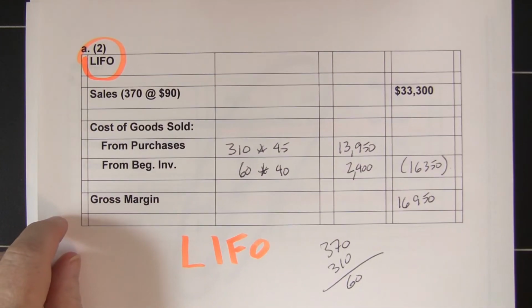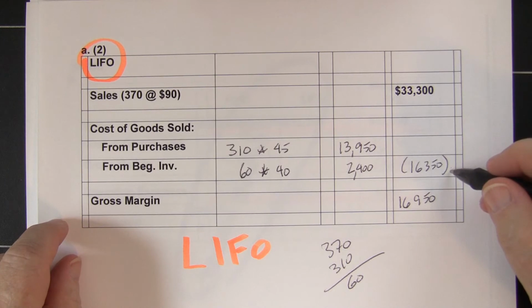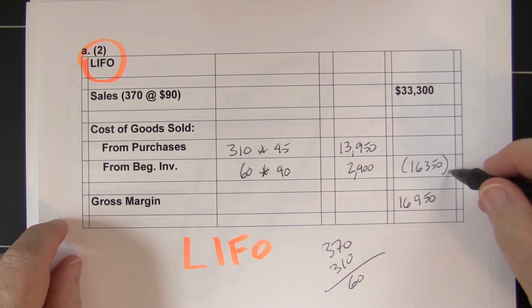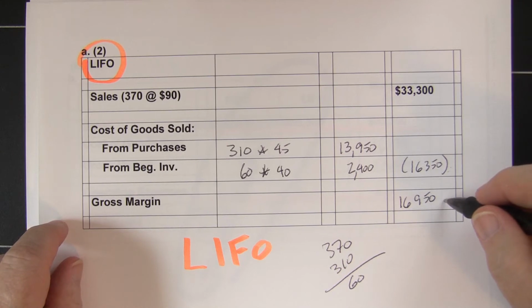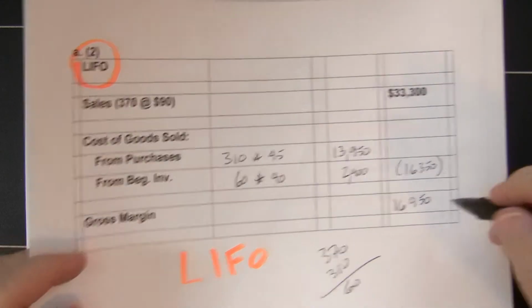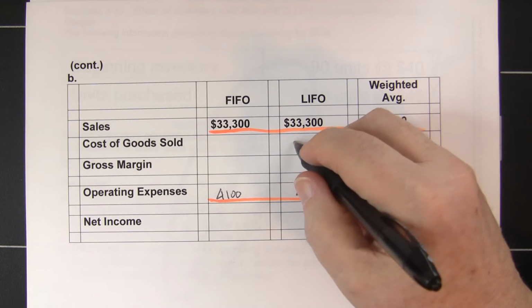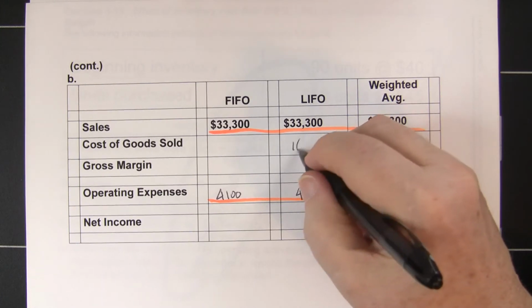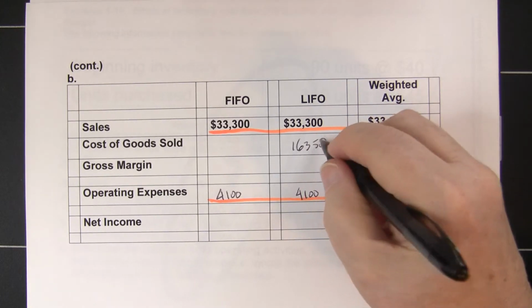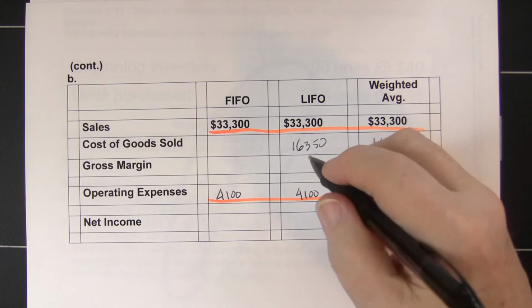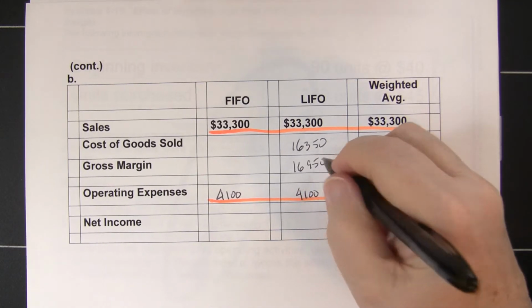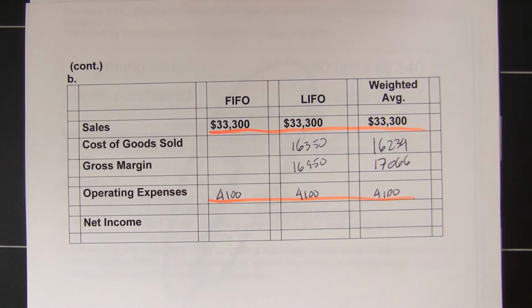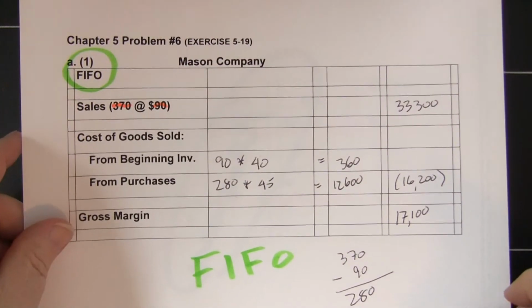This is LIFO. Our cost of goods sold is $16,350, and our gross margin is $16,950. And the last one we have to look at is FIFO.